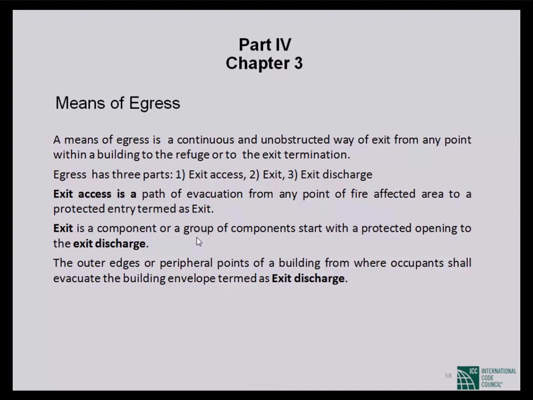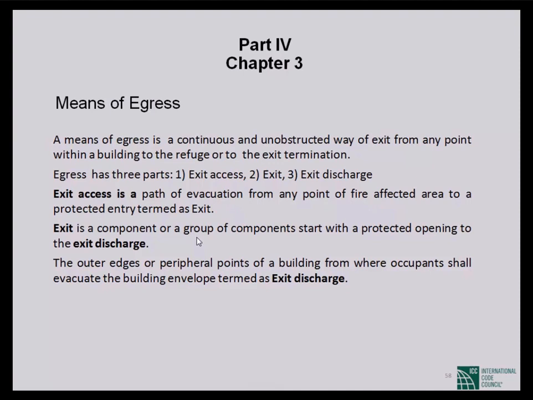Actually, this is the main life safety area where you have to be very careful, because at the incident of fire, a person has to move in this way so that his life can be saved. This is the path of evacuation from any point for the people, so that they can go outside of the incident.